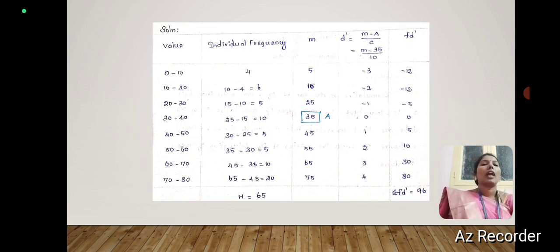Likewise, the other frequencies are put in the column, and the total frequency is considered as n, whose value is 65. The third column is m.